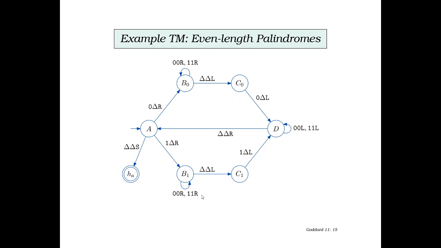If you encounter a 1, you write down delta and move to the right. And if you encounter delta, then you also write delta and stay, and then you move to the accept state. As you can see here in this machine also, not only does the head move to the right, left, or stay, the machine also moves between states.